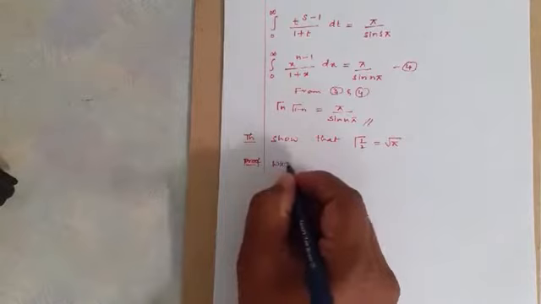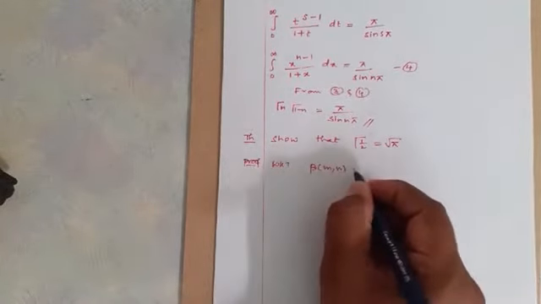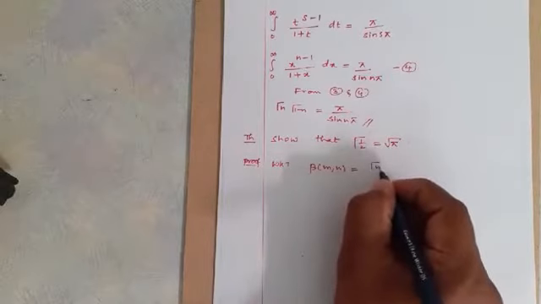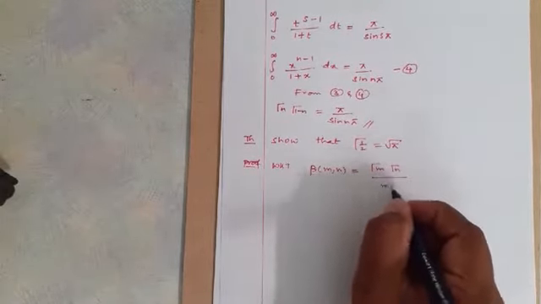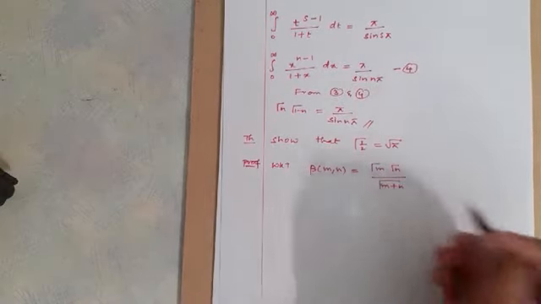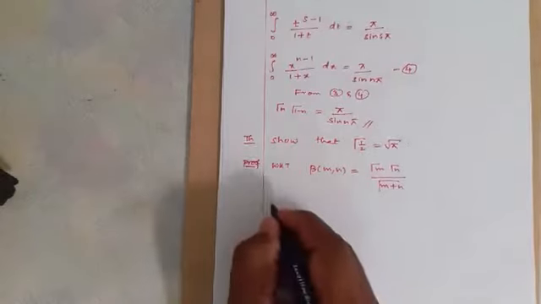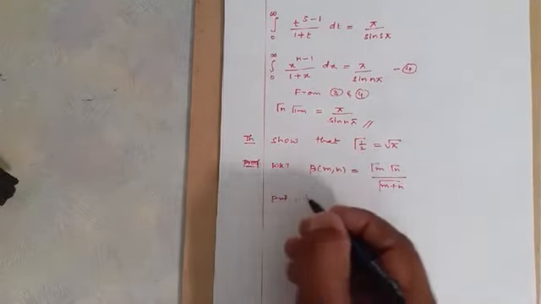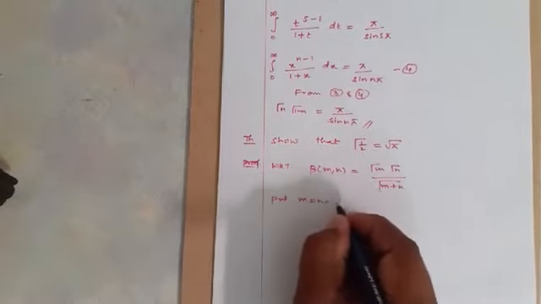We know that beta m, n is equal to gamma m gamma n upon gamma m plus n. Now put m is equal to n is equal to 1 by 2.